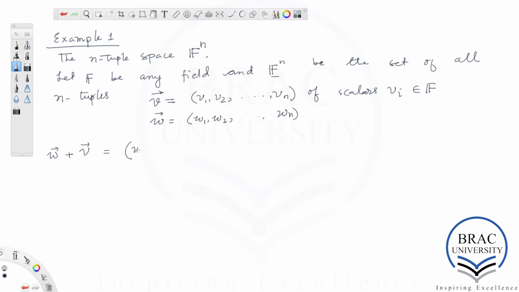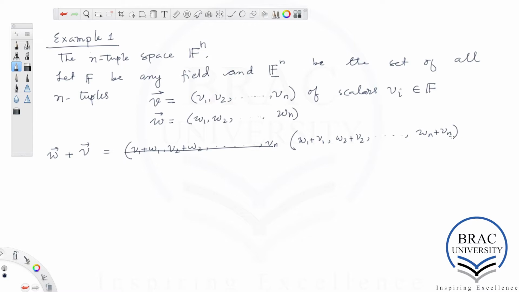So v1 gets added to w1, v2 gets added to w2 to yield the second component of the resulting vector, and finally the nth component of the resulting vector is given by, I should have written w1 plus v1 instead of v1 plus w1, although they are the same, and hence the commutativity of vector addition is satisfied. w1 plus v1, w2 plus v2 all the way up to wn plus vn.